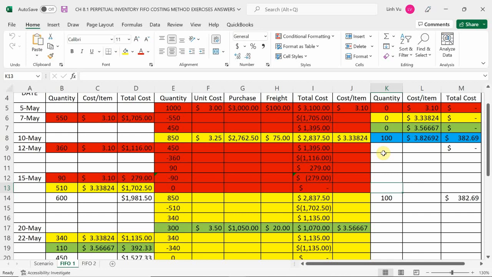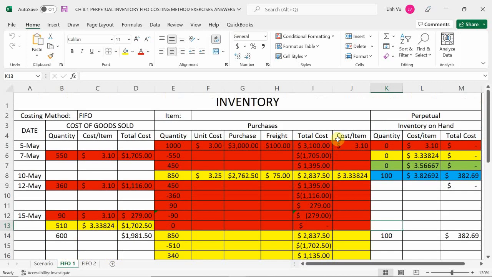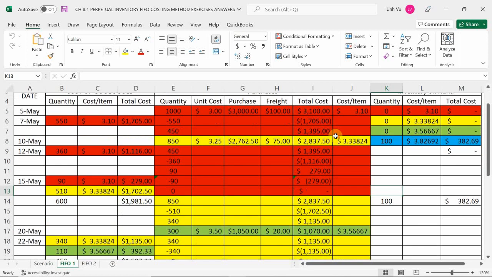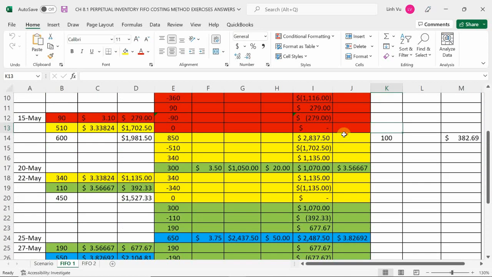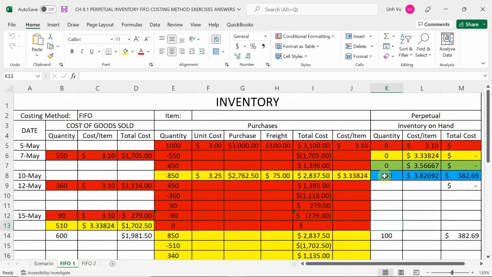All right, so welcome back to the 8.1 exercises that we completed yesterday. This is where we last left off. This is how FIFO works, where our batches of inventory started out as all these inventory items and then we slowly sold them out.